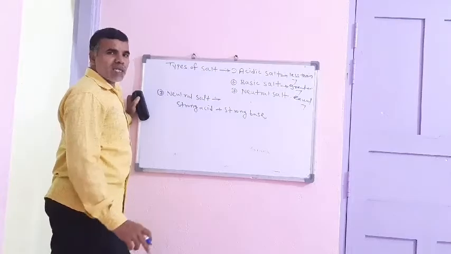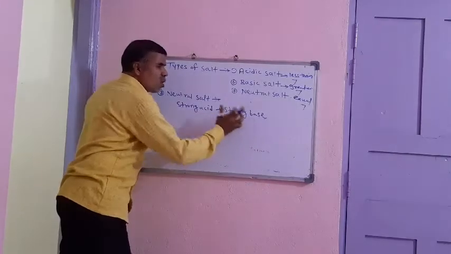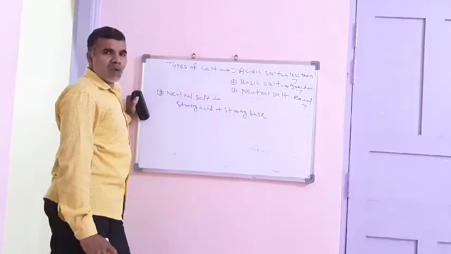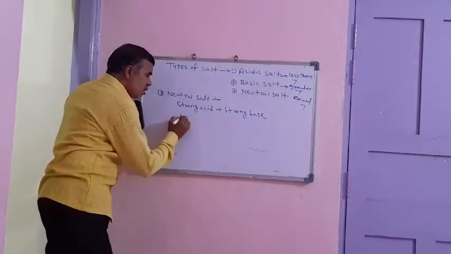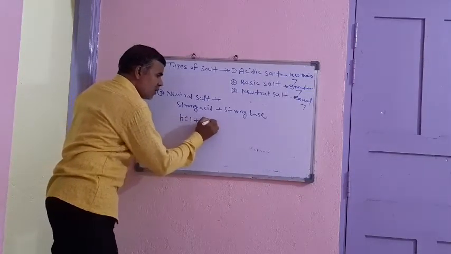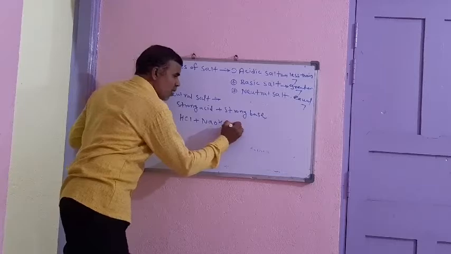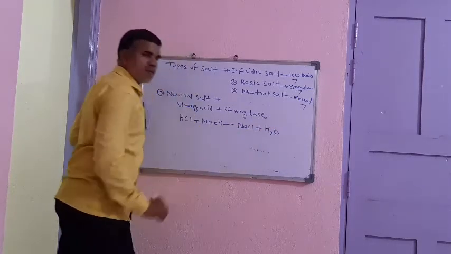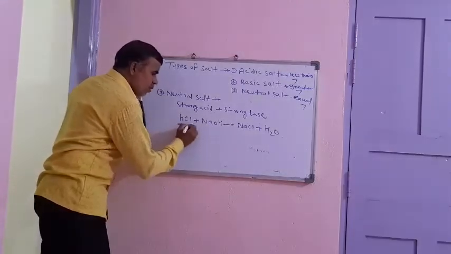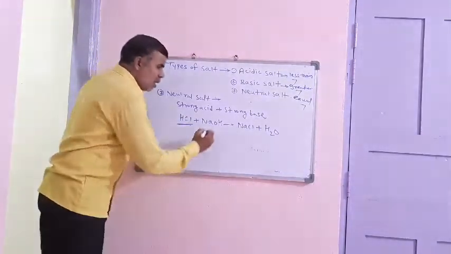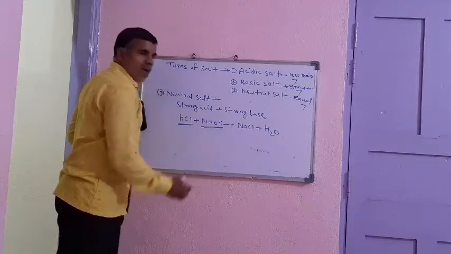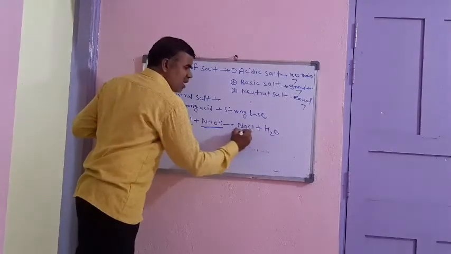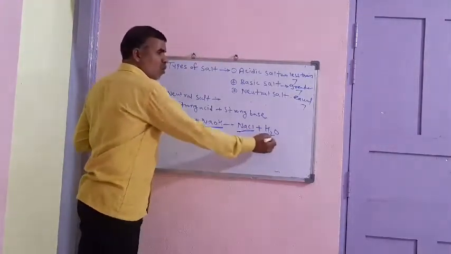न्यूट्रल सॉल्ट मिळवायचं असेल तर स्ट्रॉंग ऍसिड आणि स्ट्रॉंग बेस याची रिएक्शन आपल्याला करणं आवश्यक आहे. एक्झाम्पल, HCl reacted with NaOH, we get NaCl plus water. HCl, which is a strong acid, NaOH, which is a strong base, we get NaCl, salt, and water.